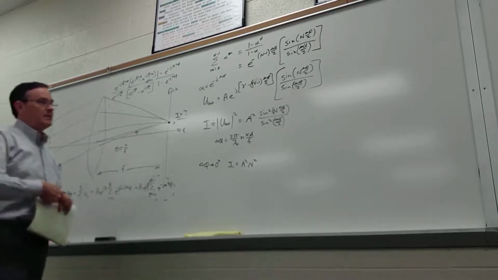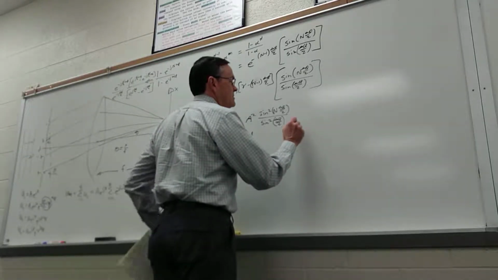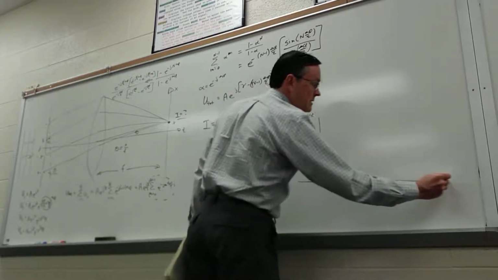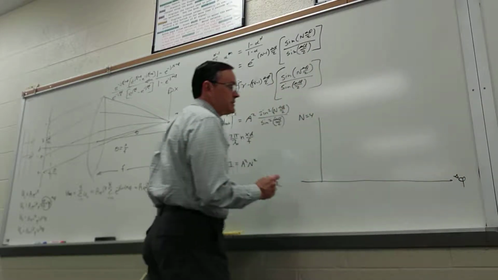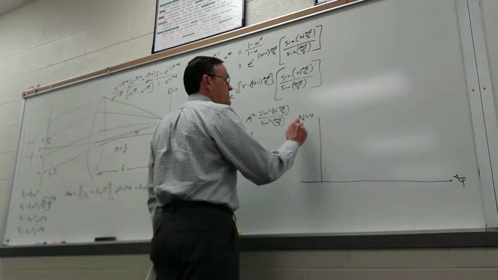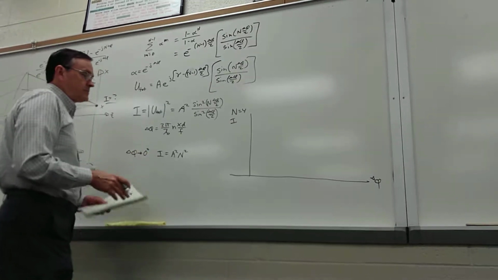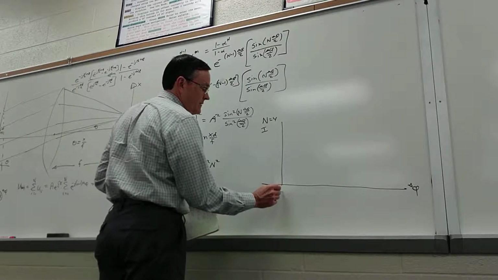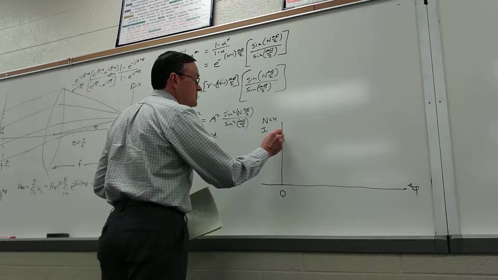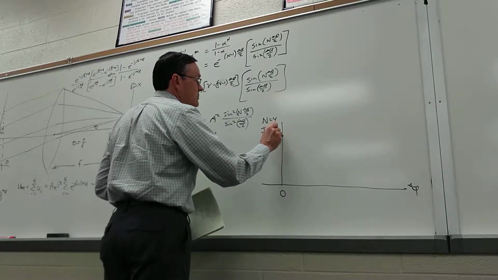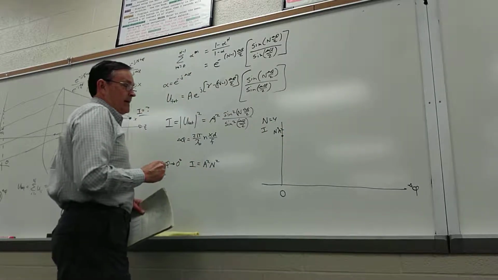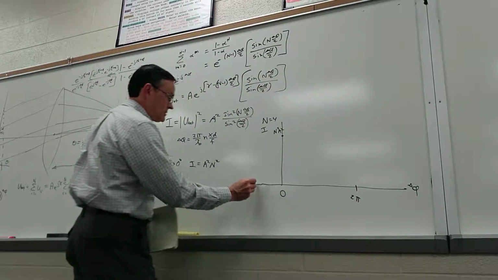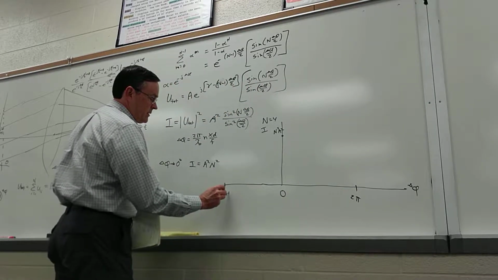So if we look specifically at the case n equals 4 and plot as a function of delta phi what the irradiance does, then basically at delta phi equals 0, we should be here at n squared a squared. And then when we get over here to 2 pi, in fact, let's go this way too, to minus 2 pi.